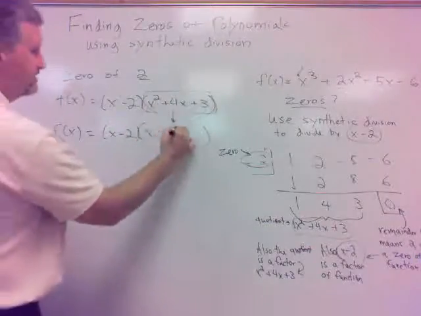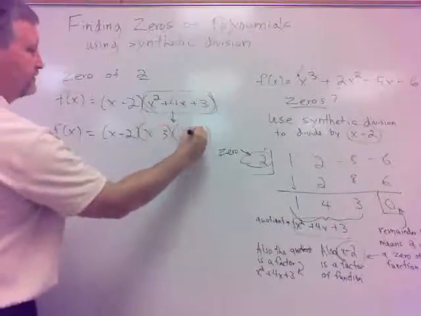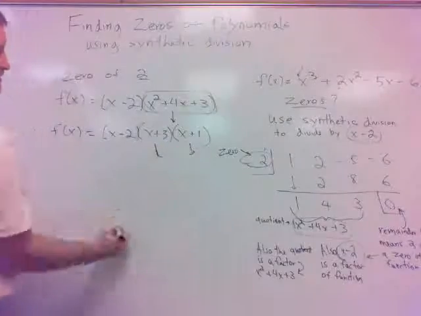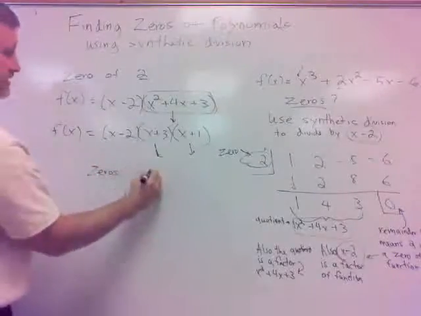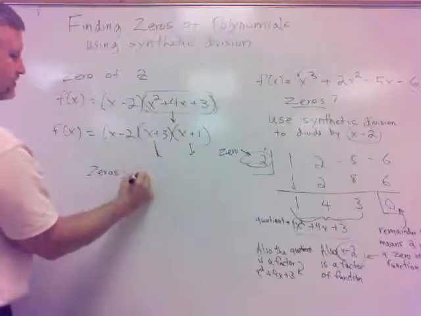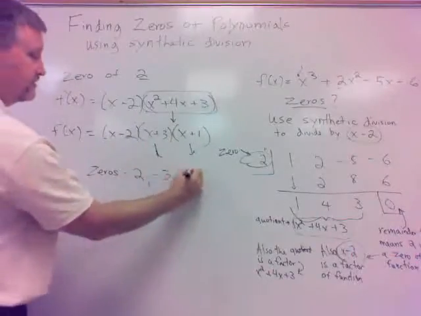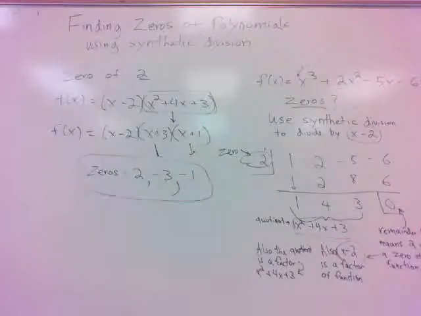Well, it's x and x. 3 with 4 in the middle, that's 3 and 1, isn't it? So what are my other zeros? Well, the other zeros are going to be 2, then that's going to be 0 of negative 3. That's going to be 0 of negative 1. Okay? How about that? Question?